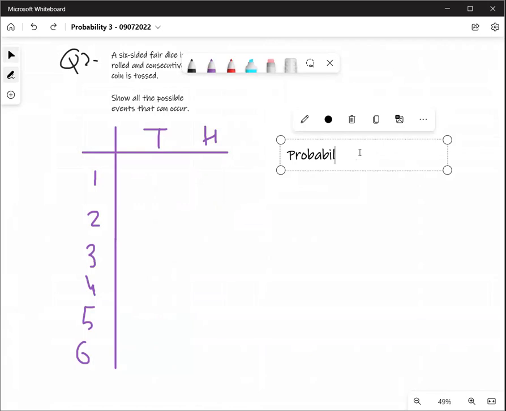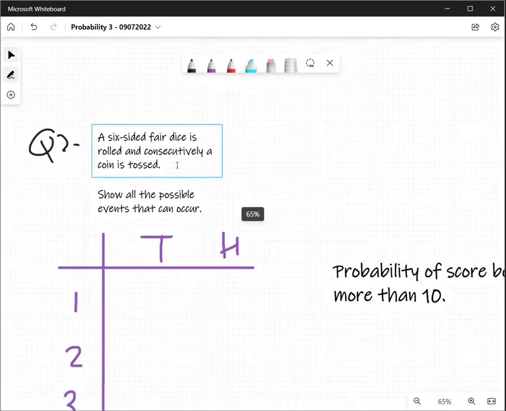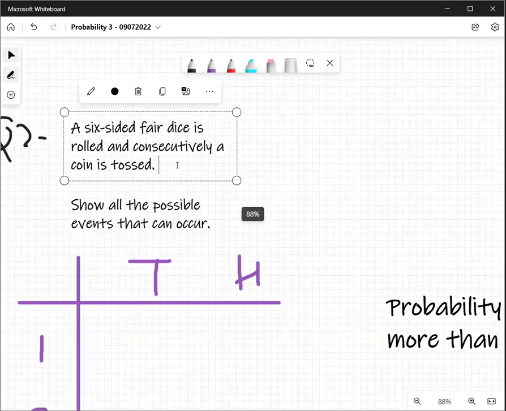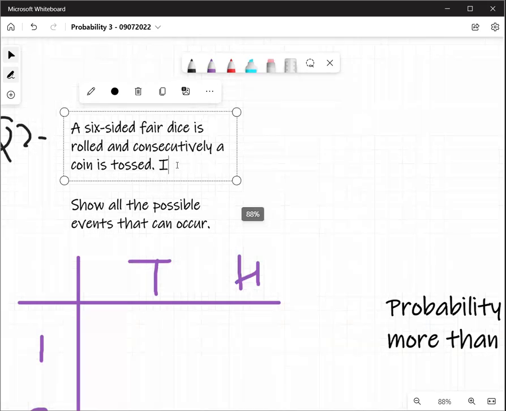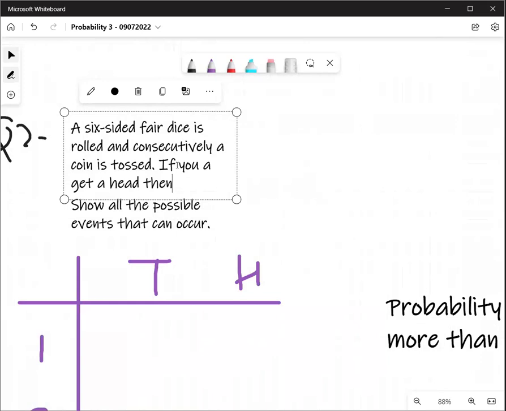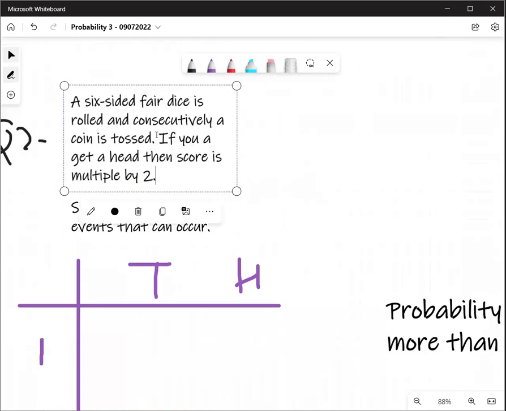of the score being more than 10. One thing I forgot to mention in the question: if you get a head, then the score is multiplied by 2. Can I see the diagram once?